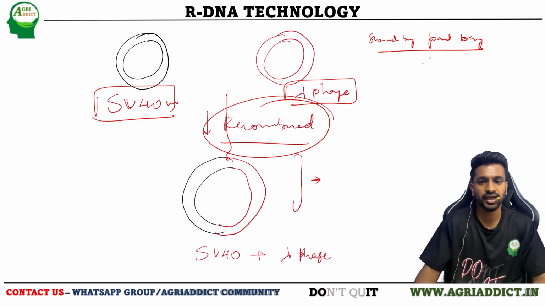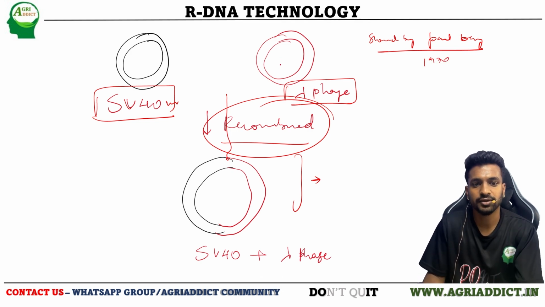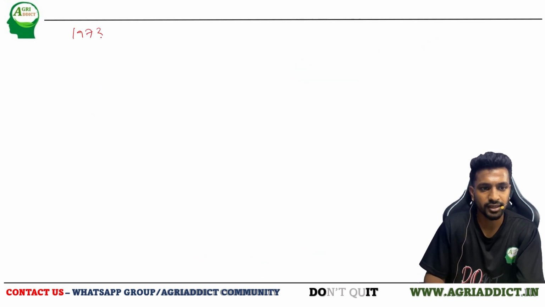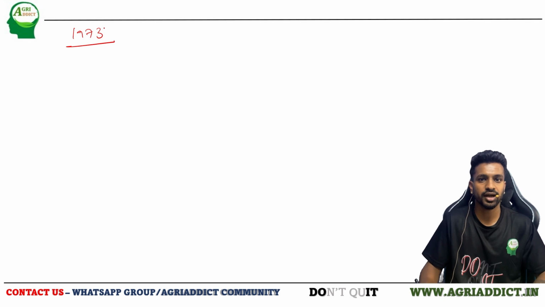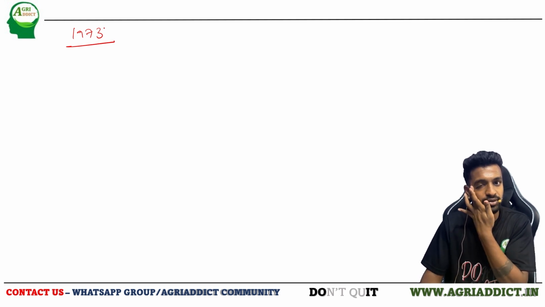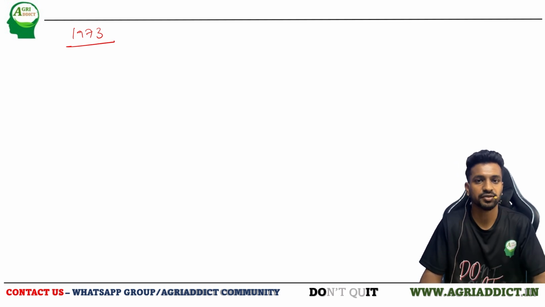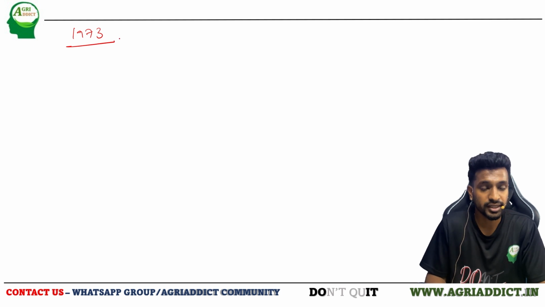This was in the 1970s, and next, in 1973, after Paul Berg showed that recombinant DNA molecules can be produced by using two different DNA sequences from different organisms, there were two scientists by the name Herbert Boyer and Stanley Cohen.